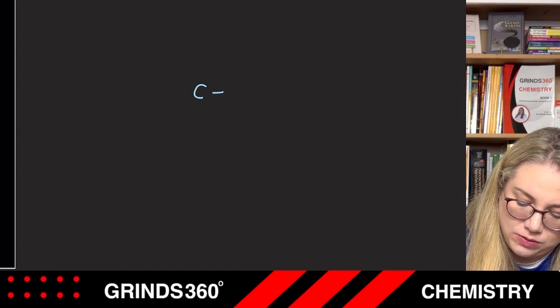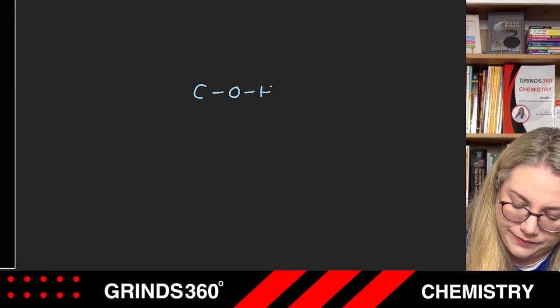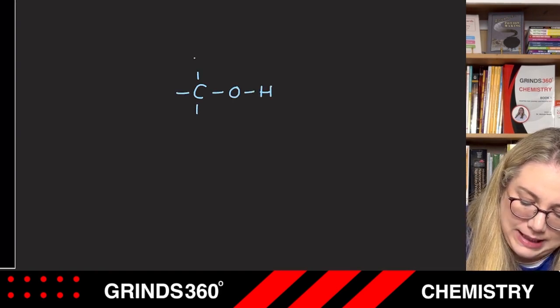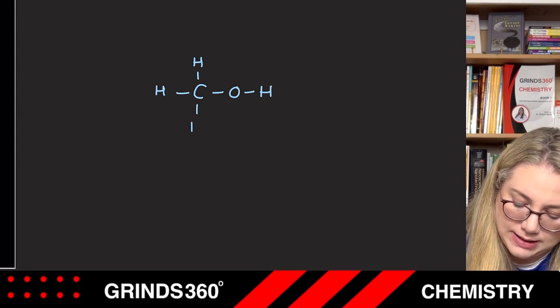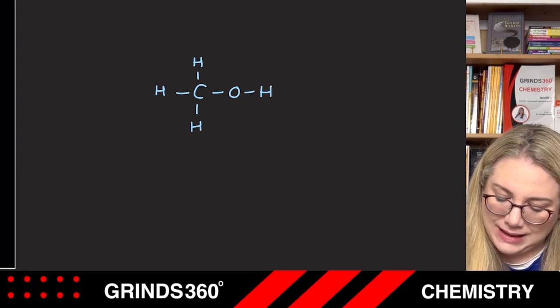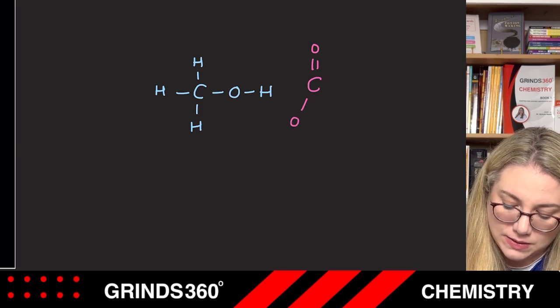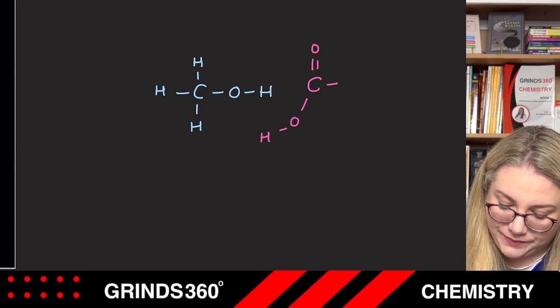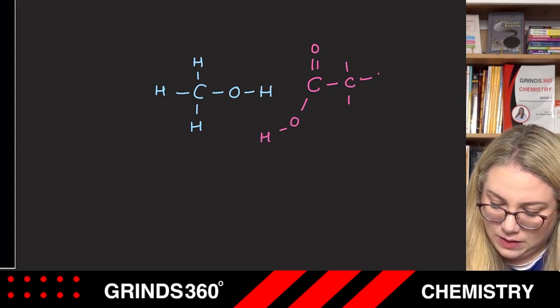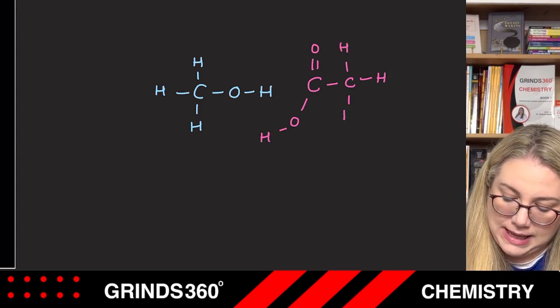And I'm just going to redraw my alcohol. Now, pay attention to this bit because a lot of people can't see how the ester forms and they get confused with where it is. Okay, so the ester here.